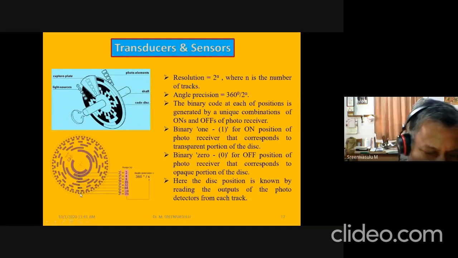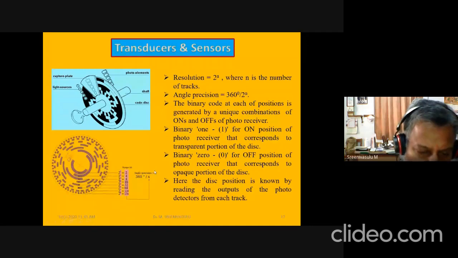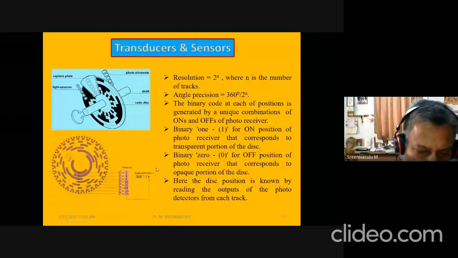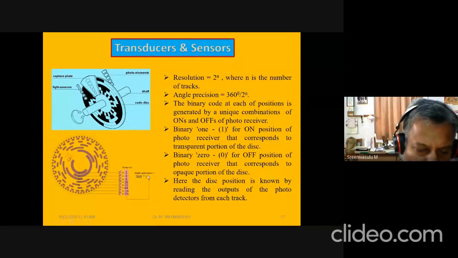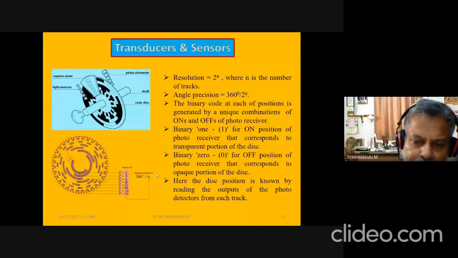Likewise, slots are arranged in a particular periphery. Based on this number, we are able to find the angle of precision: 360 degrees divided by x. What is this x? The range. If you key in the range, 360 degrees divided by range is going to give you the angle of precision.